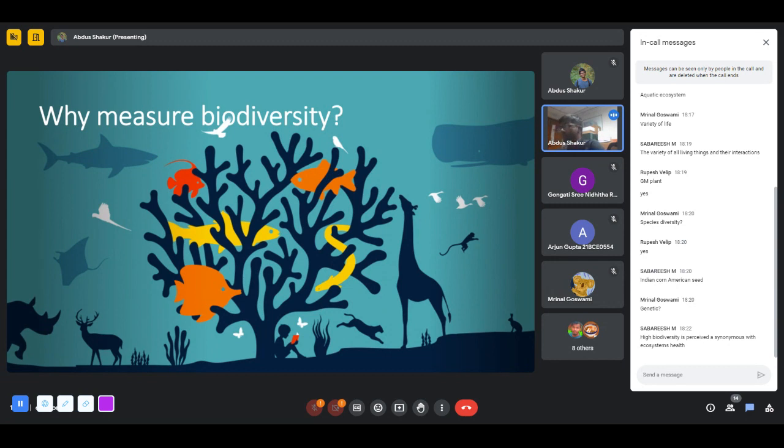In areas where there is high biodiversity, you say that the system is healthy. For example, if you look at a forest versus a site close to a city or a park, the biodiversity of these two places is entirely different. The high biodiversity you're seeing in a forest represents that the area is healthy, not as much as a city.